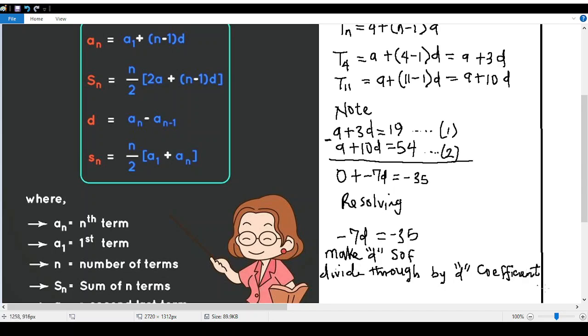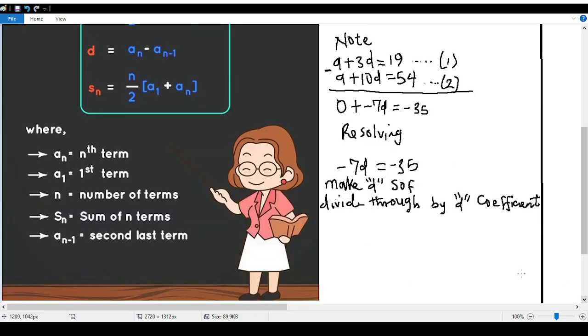I'm going to regurgitate what we have here: minus 7d is equal to minus 35. Dividing through by minus 7, we have minus 7 here, minus 7 here. So minus kills the minus, and 7 kills the 7, leaving us with just d. So d is what we have on this side of the equation.